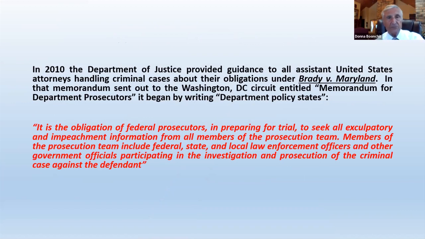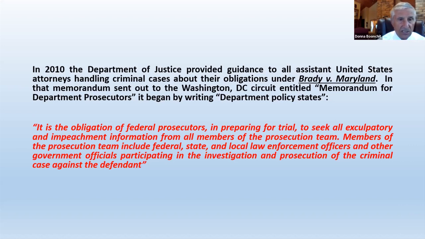That memorandum began by writing department policy, which states, it is the obligation of federal prosecutors in preparing for trial to seek, once again, to seek, which means to go out and find, all exculpatory and impeachment information from all members of the prosecution team.